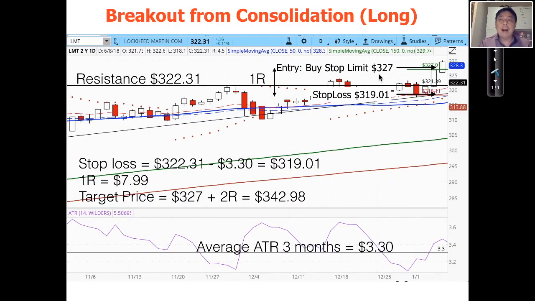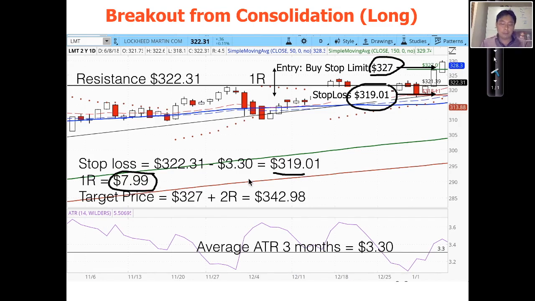Okay, so I'm buying at 327. My stop loss is at 319.01. So what is my risk per share? My 1R distance would be 327 minus 319, and that's $7.99.